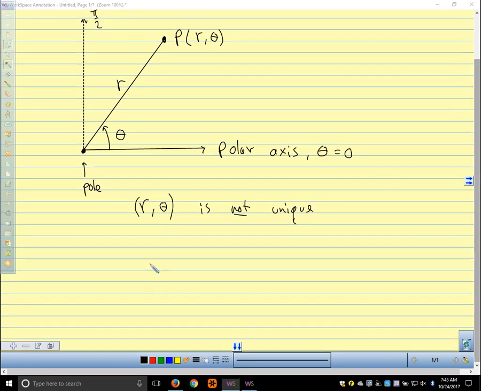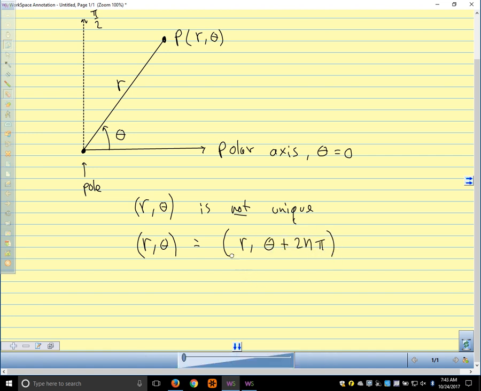The reason for that is because with our theta, we can rotate 2 pi units and get back to the same point. So that point is equal to (r, theta + 2n pi). 2n pi just represents a revolution of a full circle around. Or (r, theta), remember we said that the radius, the r value, is a directed value.